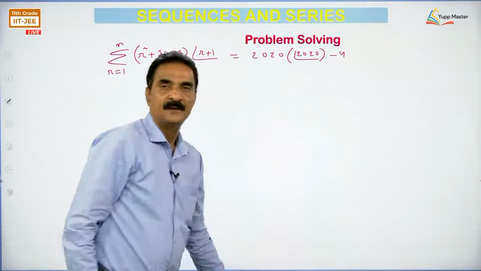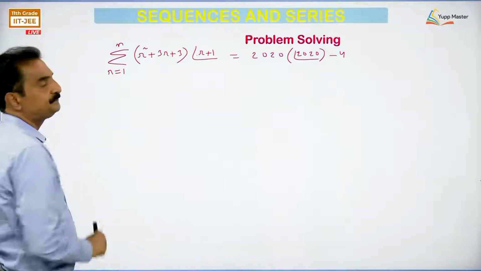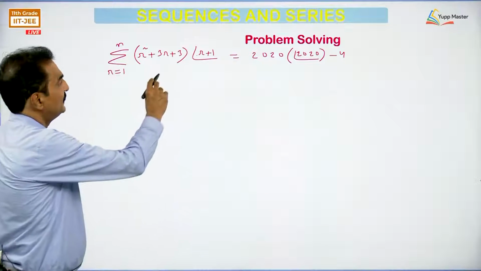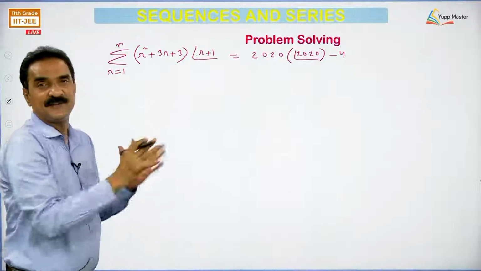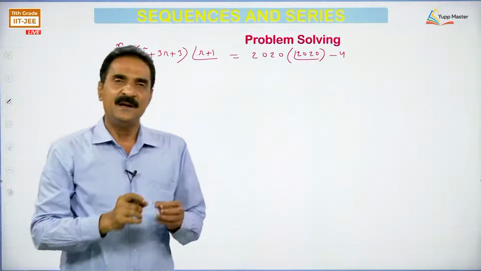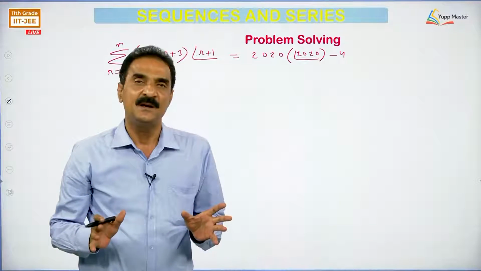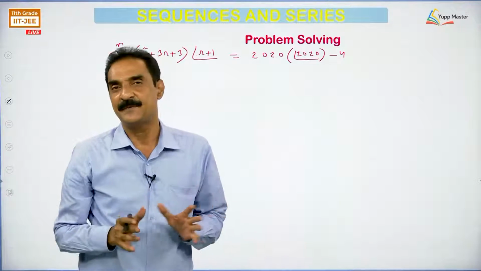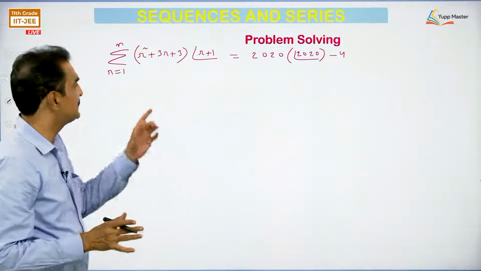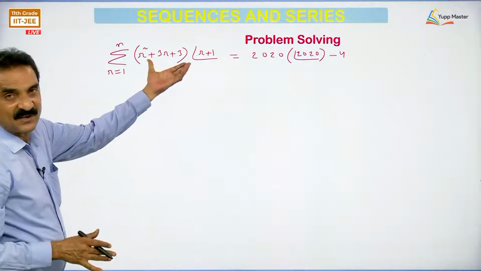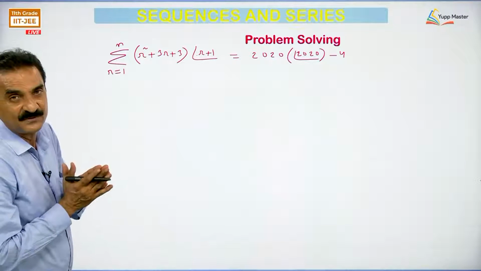Alright. Now, we have to express this as a difference of two terms. For any sequence other than AP, GP and AGP, the only method is the method of differences, telescoping series. So, we need to express this rth term as a difference of two terms.